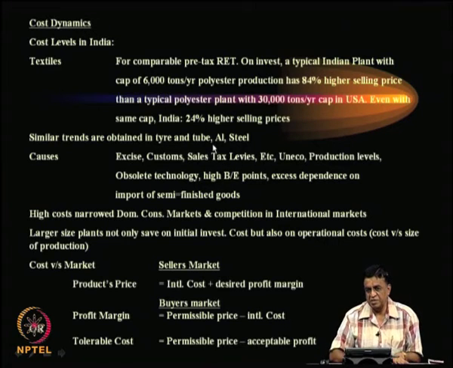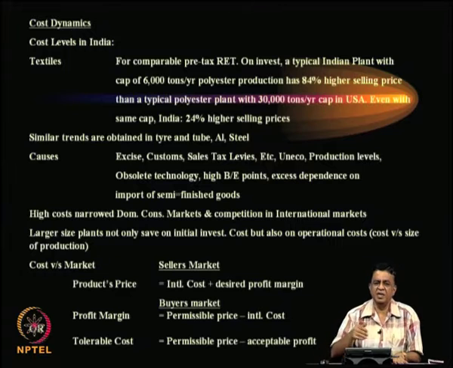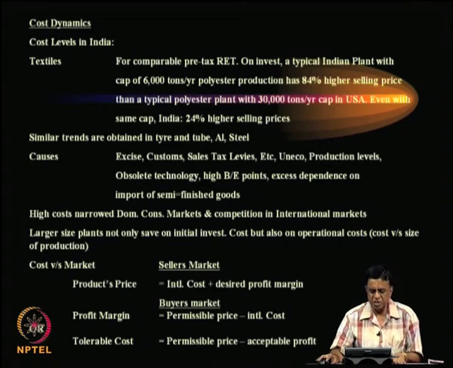Suppose it is a buyer's market. So, a large number of companies producing the same product, the buyer is having a choice to pick between A, B, C, D like that. Then what is going to happen? The profit margin for the company will get dictated by the prevailing market conditions.